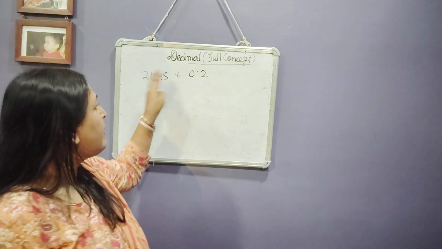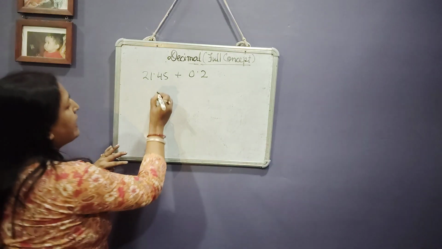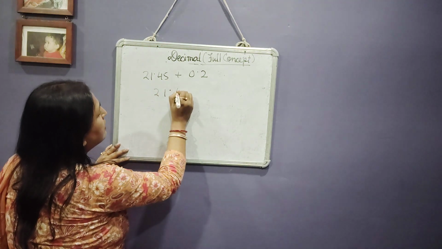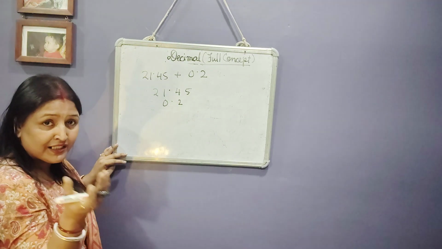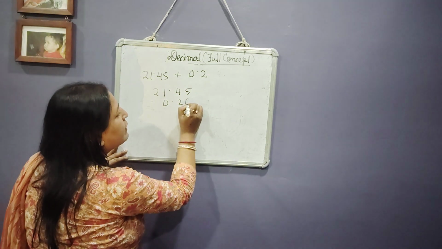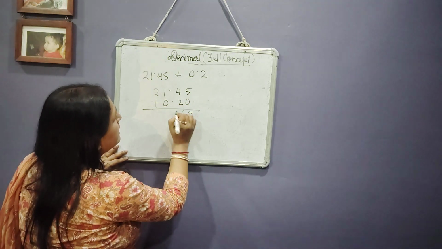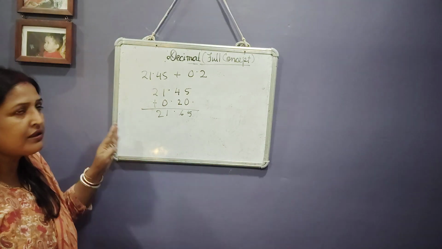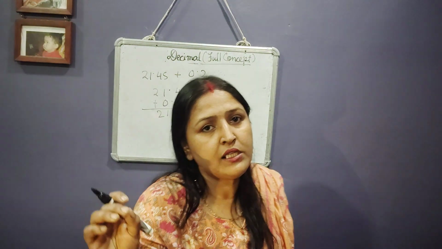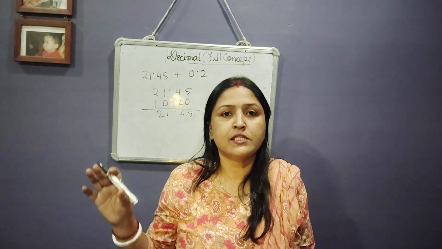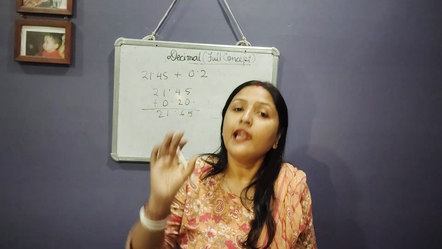You can see these two are unlike decimals, so we can convert them into like decimals: 22.45 and 0.20. For addition and subtraction, remember this is very important, always convert the unlike decimal to like decimal.